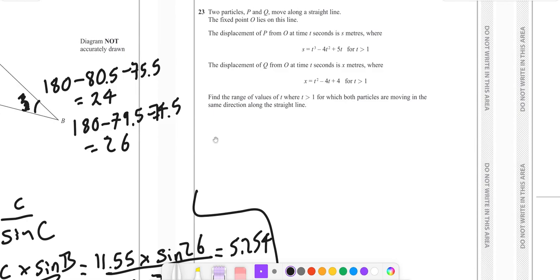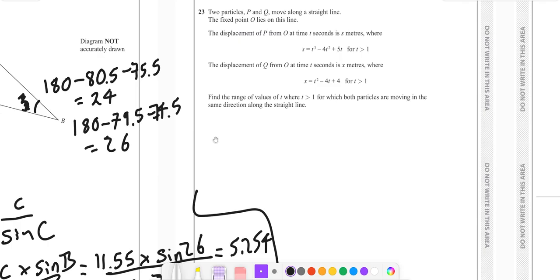Two particles, P and Q, move along a line. The displacement, so that's distance of P from O at time t is s meters, where that's that. Displacement of Q from O is that. Find the range of values for which both particles are moving in the same direction. Moving is about their velocity.